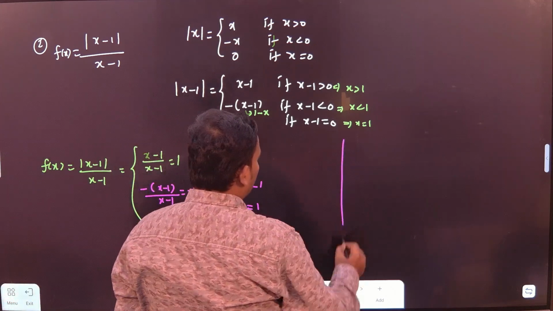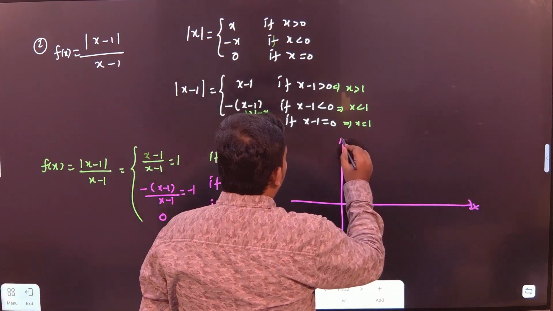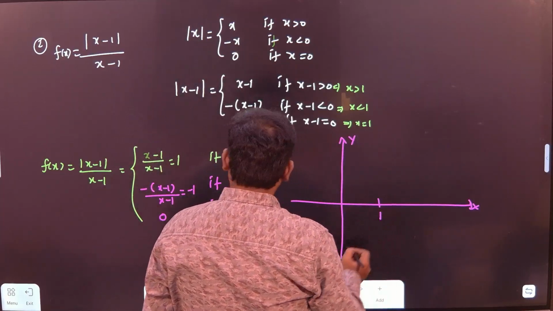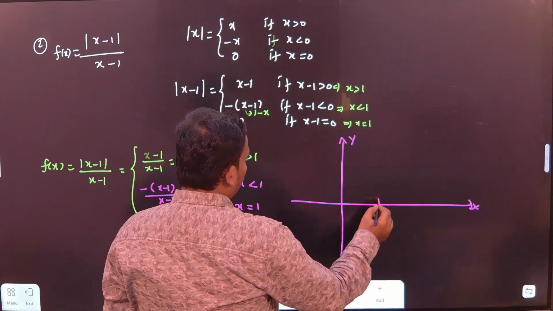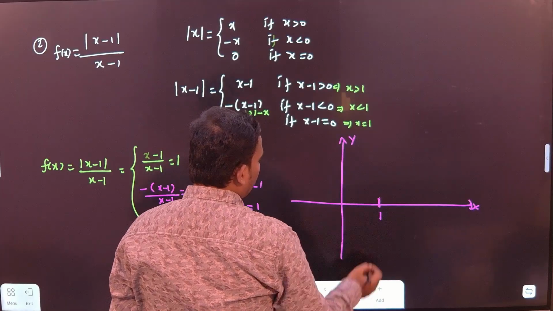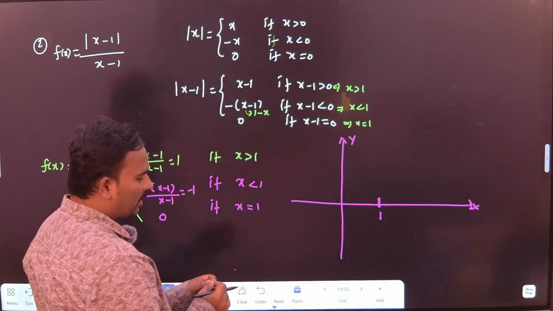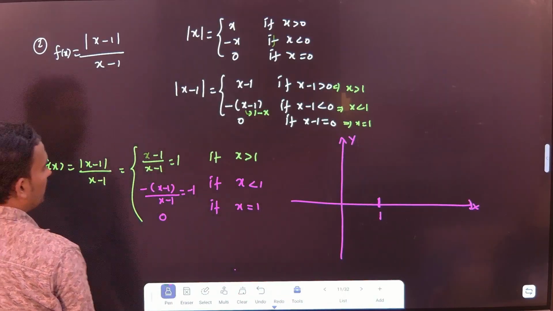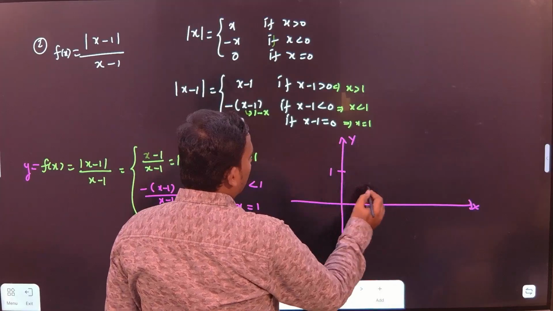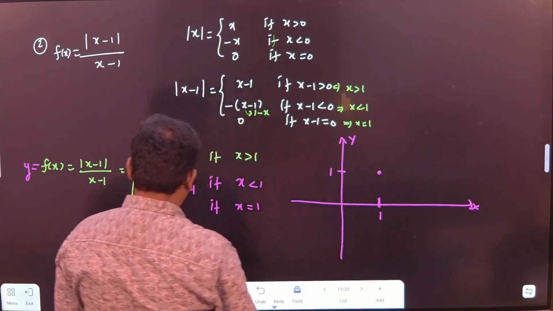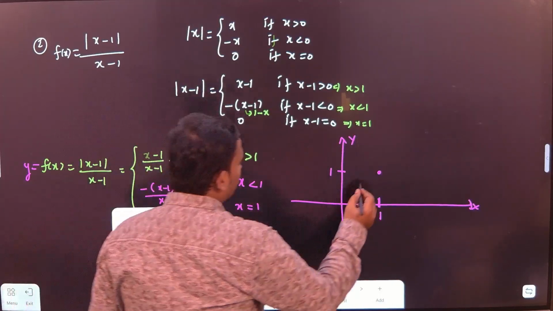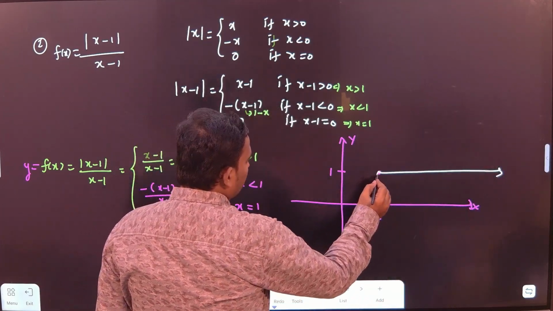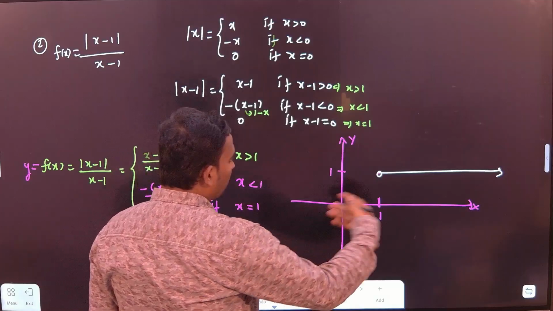So you can see your x-axis, this is your y-axis. When x is more than 1, let's take 1 here, here is less than 1. If more than 1, y is equal to 1. Y is equal to 1 means it is parallel to the x-axis. So this will be a jump, right? That is for x more than 1 only.